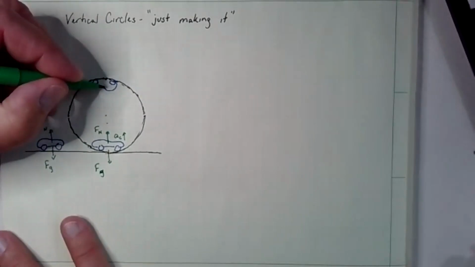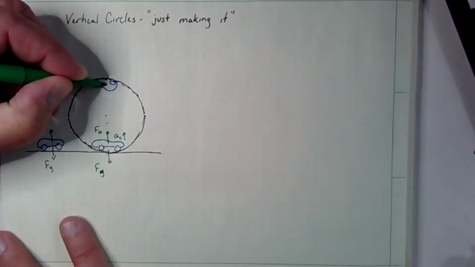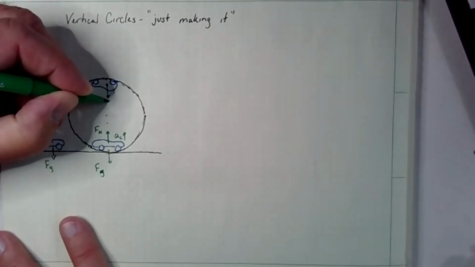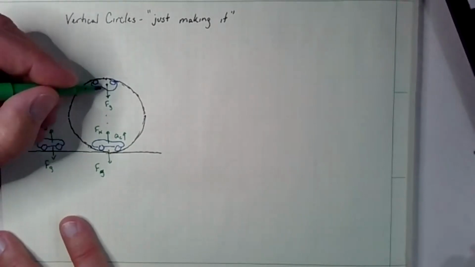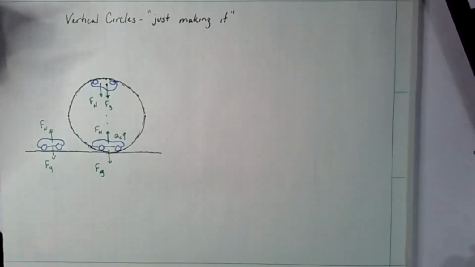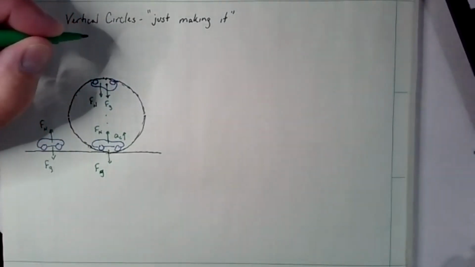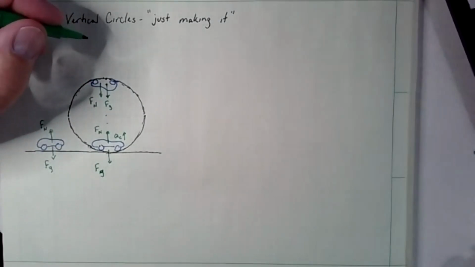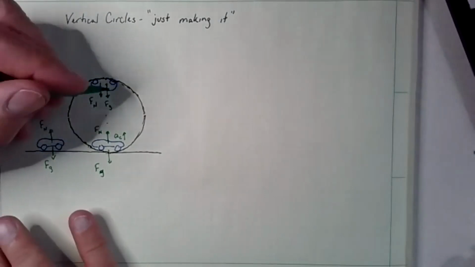Then up here at the highest point, gravity is pulling down, and the normal force is pressing inward. And at the top, since it's circular motion, inward means down.